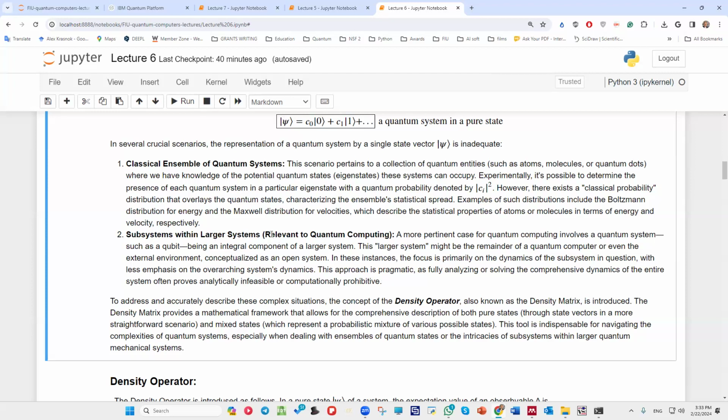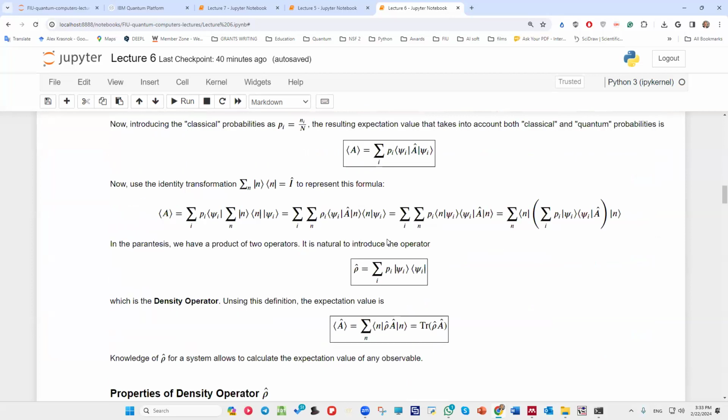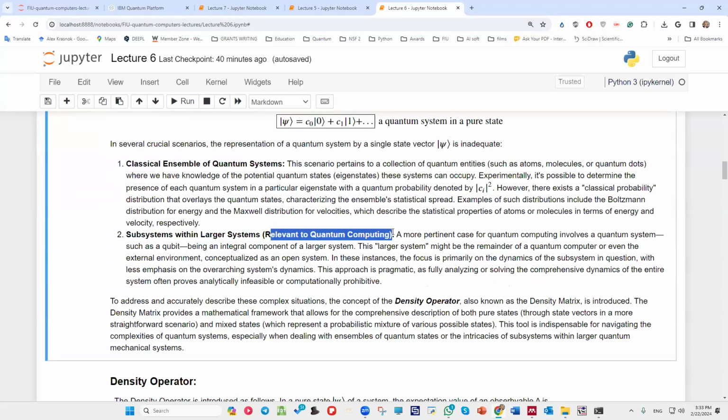Another example, and more relevant to quantum computing, is when a system is a part of a bigger system, like a quantum computer.